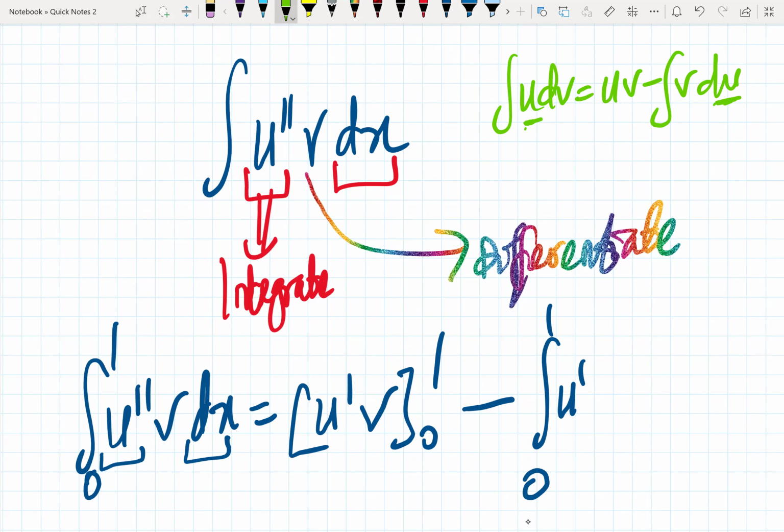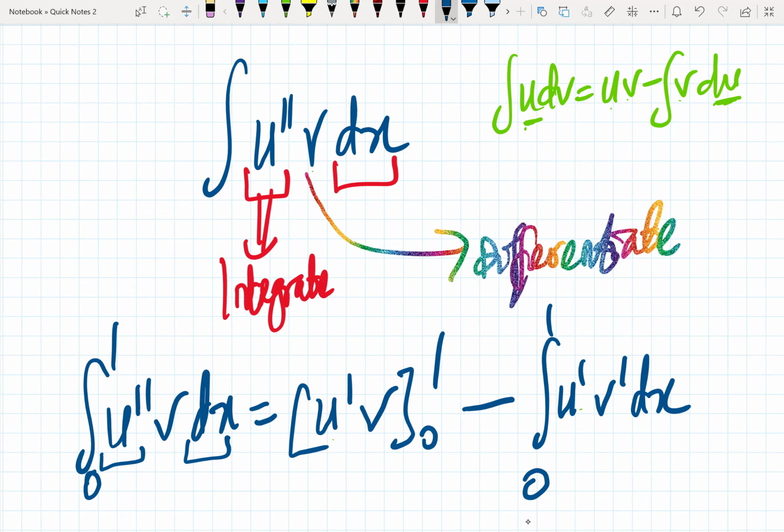In this case, what we are differentiating is v, and we are integrating u prime prime dx. So we integrate u prime prime to get u prime, and the v remains here. On the other hand, we differentiate v, so v prime comes here, with respect to x.